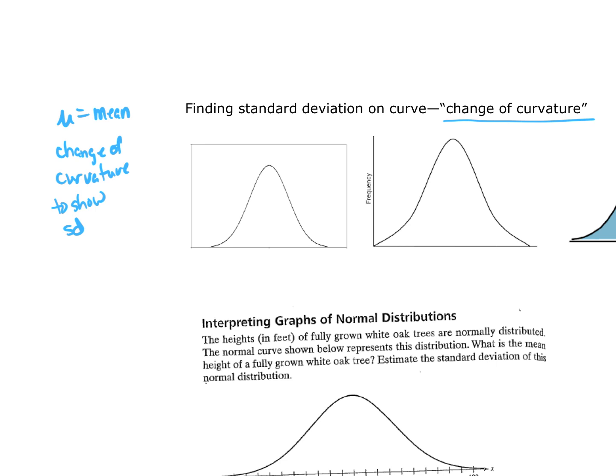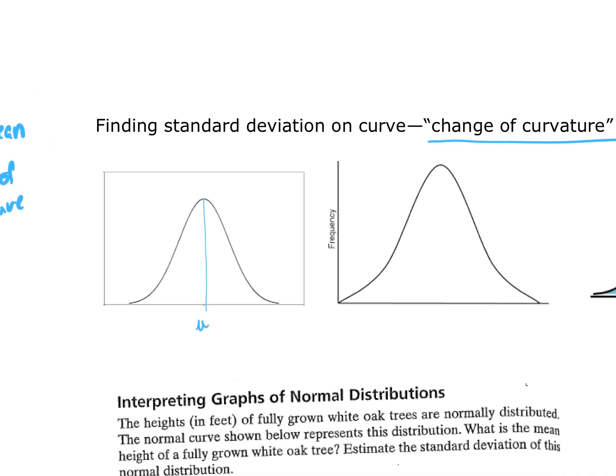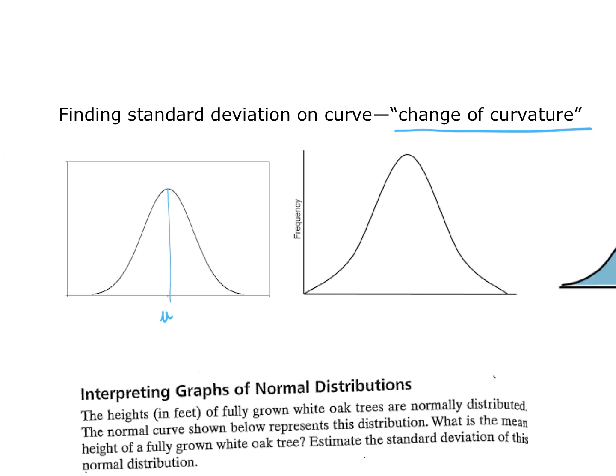So on this particular graph, we know our mean is right here, and I didn't do a real straight job there. In order to find the change of curvature, where our standard deviation is, it's a practice type thing, just like it was with our means and medians. What I want you to conceptually think about doing is trying to trace the shape of this curve going down.